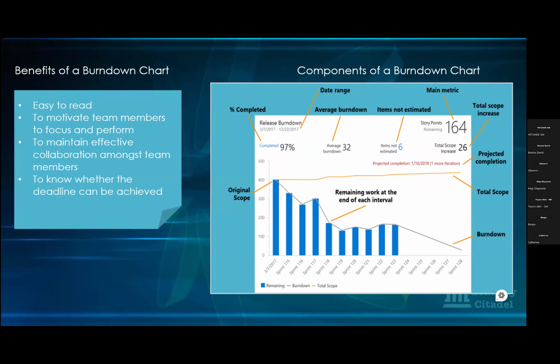The definition of done for the BA is the definition of ready for the story, for the developers to pick the story, isn't it? Yeah, so that's why everybody can have this.